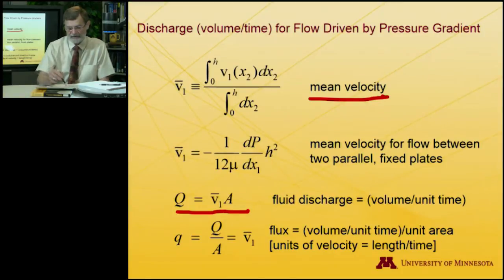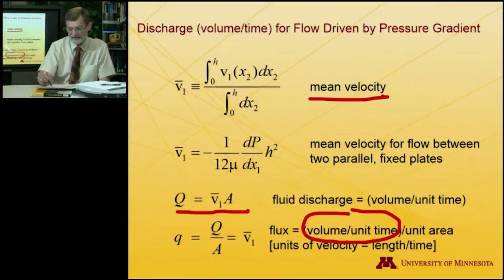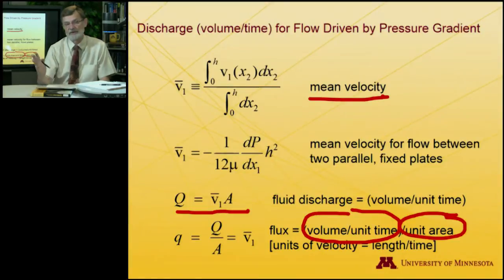And then ultimately we calculate a flux, small q, which is the discharge divided by the area. So you can think about this as the volume of fluid coming out per unit area of rock mass per unit time. That can be related back to the velocity. The flux has exactly the same units as the velocity, length per unit time.